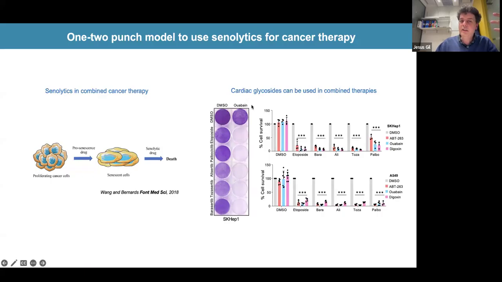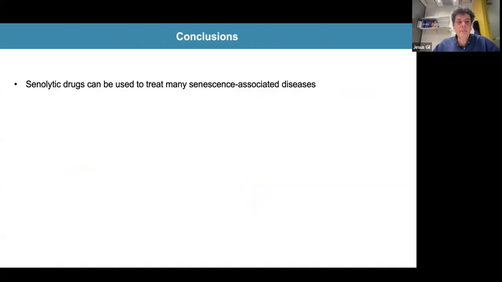If we come sequentially with ouabain, this senolytic, the cardiac glycoside, it doesn't do much in the tumor cells per se. But when we come sequentially after treating with these senescence-inducing drugs, we can eliminate these senescent tumor cells very efficiently. So potentially this can be used as combination therapy.